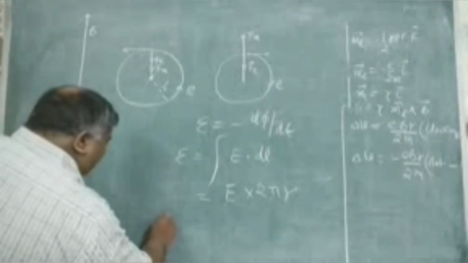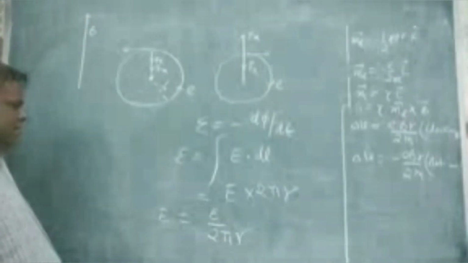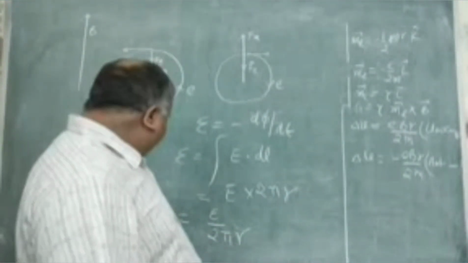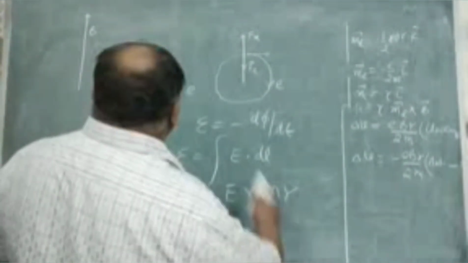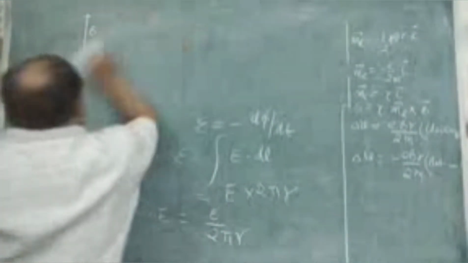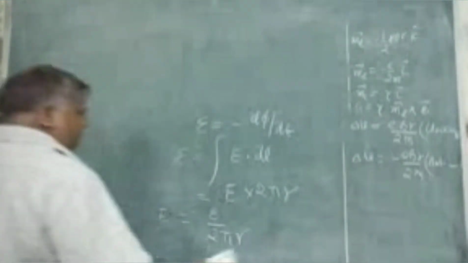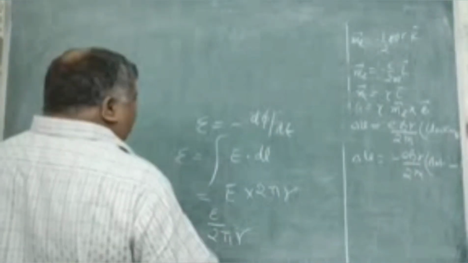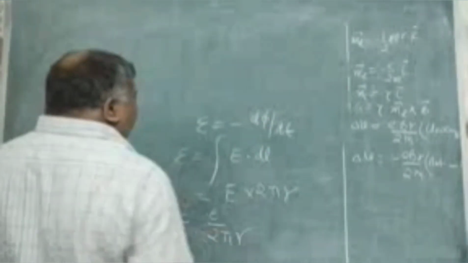So obviously E magnitude is EMF over 2 pi r. Now you have E over this, and EMF is again minus d phi over dt.